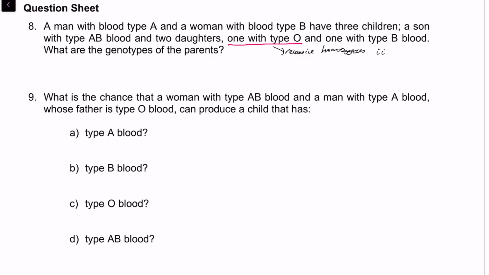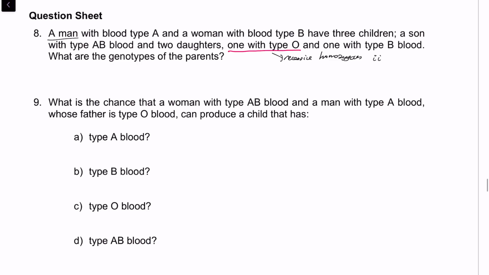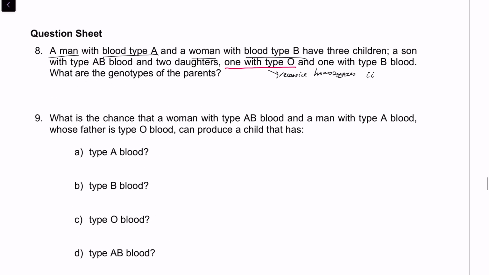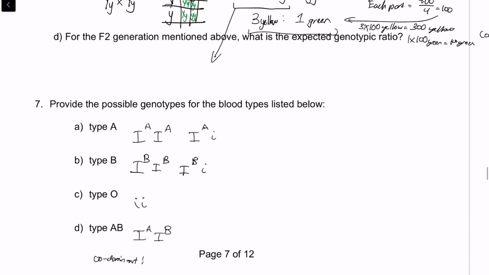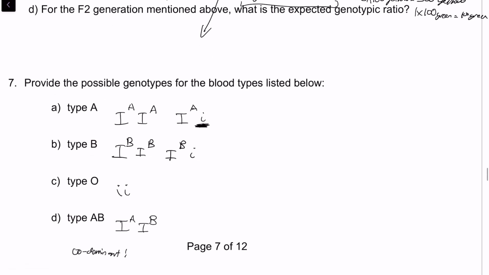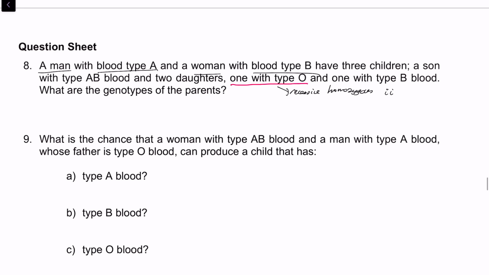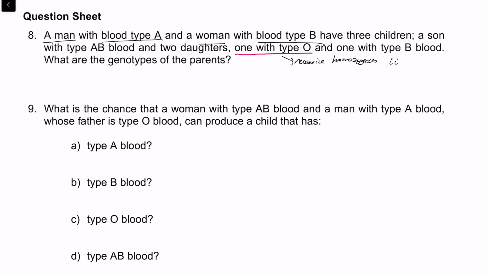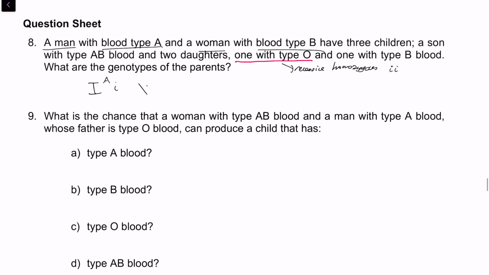Now, if the father has blood type A and the woman has blood type B, the only way they can pass down a recessive lowercase i is if they have that allele. So as we can see here from question 7, they must be carrying that lowercase i allele. Therefore, the father's genotype is capital I to the power of capital A, lowercase i, and the mother's is capital I to the power of capital B, lowercase i.